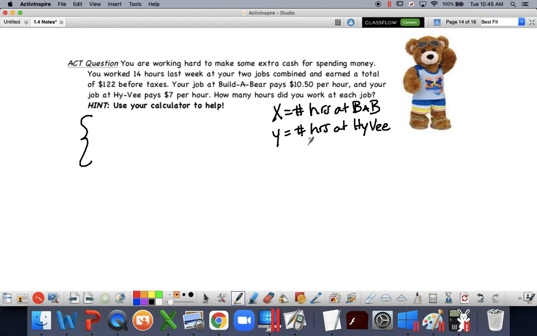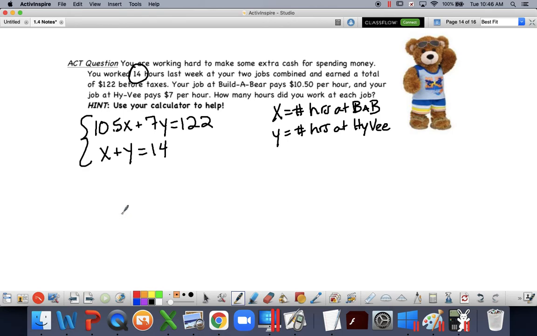It's always important to identify what your variables mean. Your first equation is going to be the money equation: 10.5x plus 7y equals 122. The other equation, I haven't used this 14 hours, is x plus y equals 14.